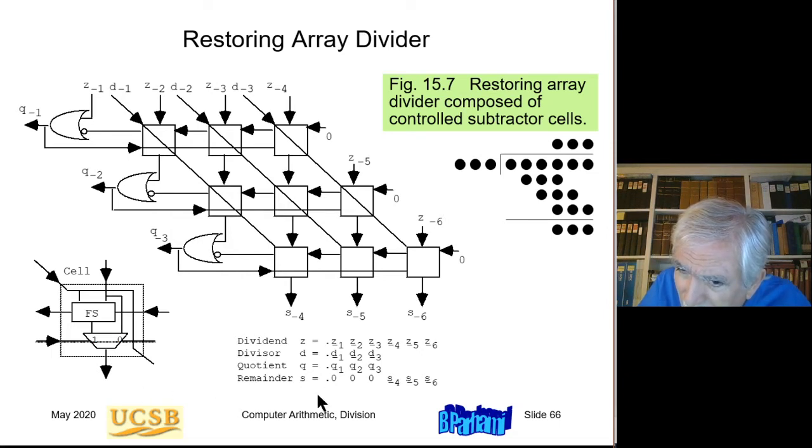And then a remainder, which is a 6-bit remainder, guaranteed to have 3 zeros here, and then s minus 4, s minus 5, s minus 6.